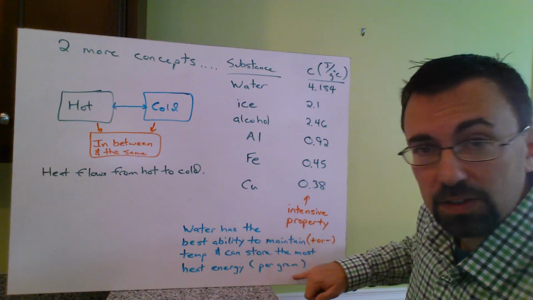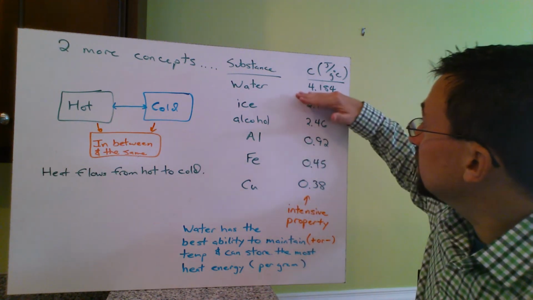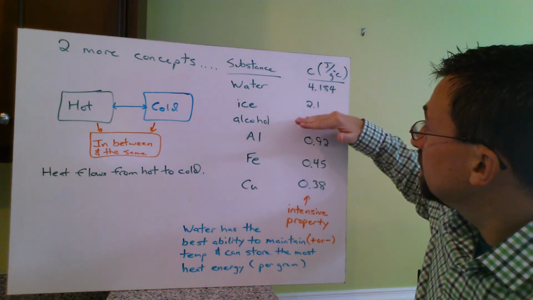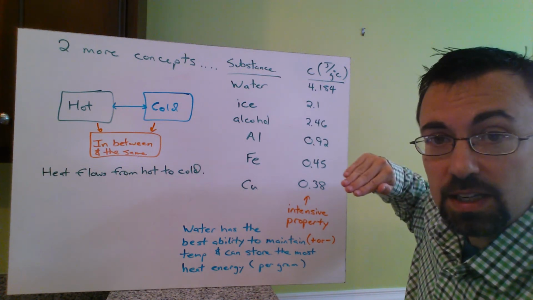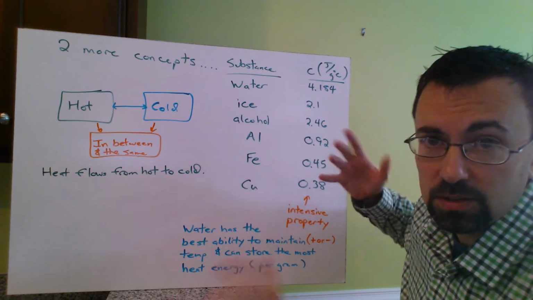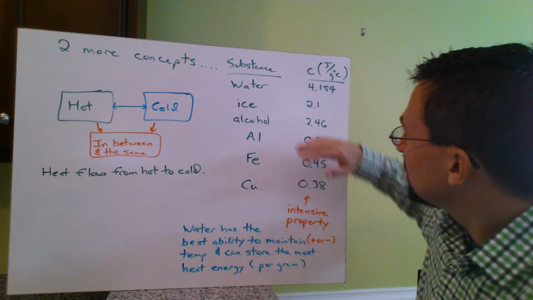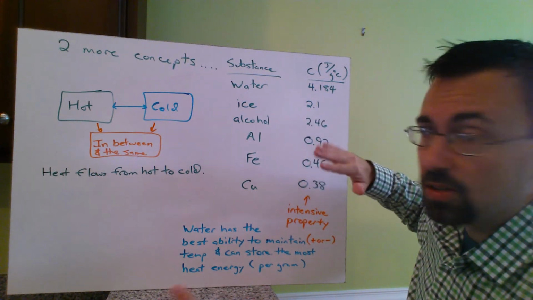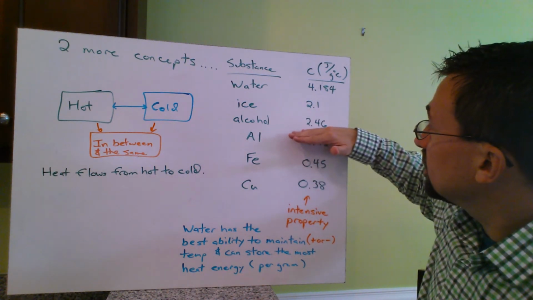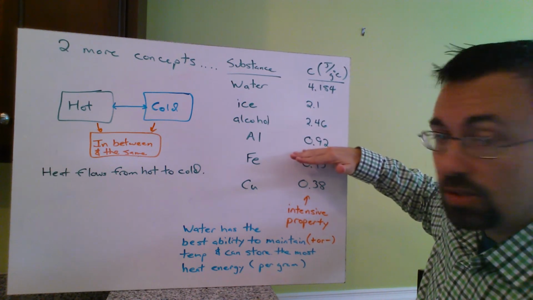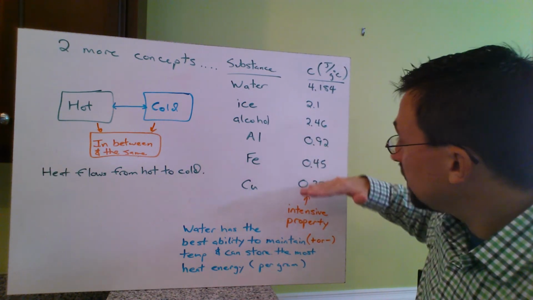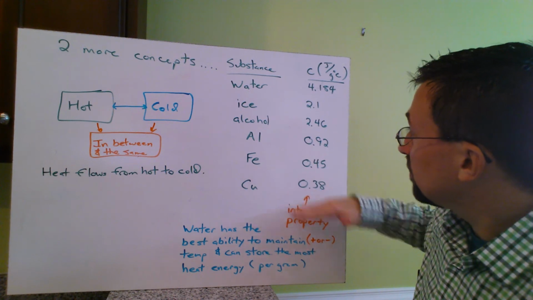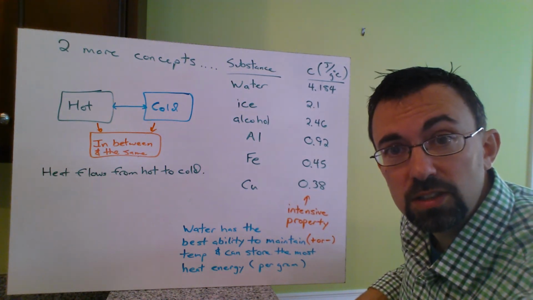And I will say with the caveat of equal amounts. So water holds twice as much thermal energy as ice would at the same temperatures, although that's a little bit hard to do since water would freeze. But you could do it right at zero. Alcohol, again, is going to be less than water. If we go from a fluid to a solid, notice these metals have relatively low heat capacities. Metals change temperature fast.